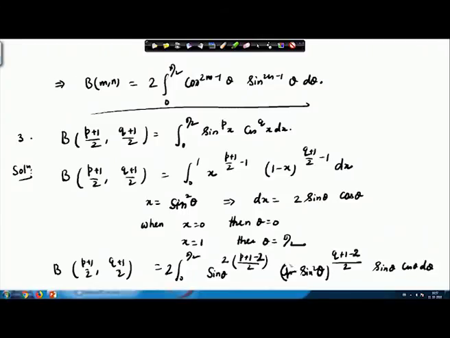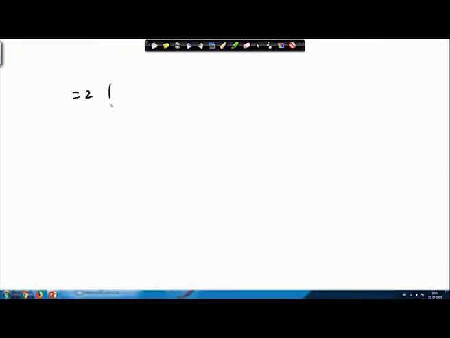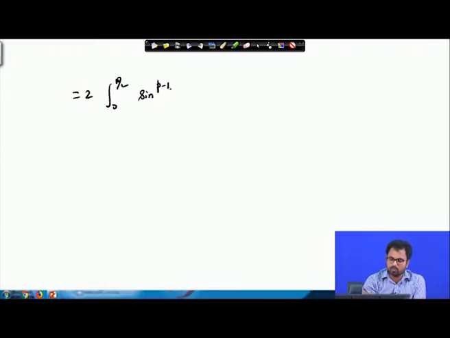So, like the previous example, the 2 and 2 get cancelled, and we will basically end up with 2 times integral from 0 to pi by 2 sine to the power p minus 1 theta times cos to the power q minus 1 theta, then sin theta cos theta d theta.